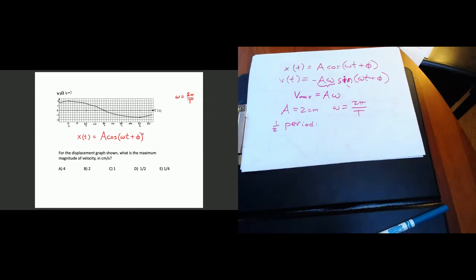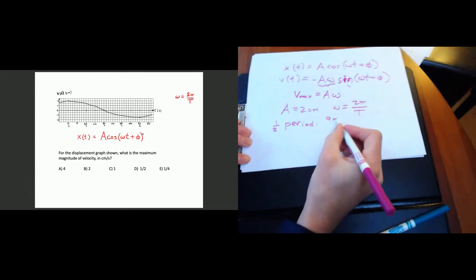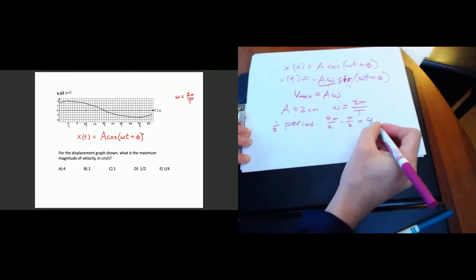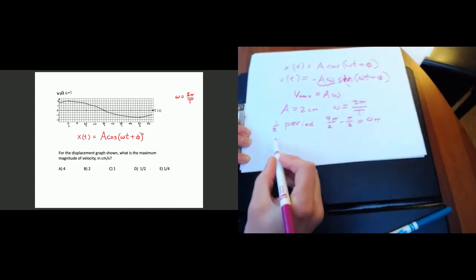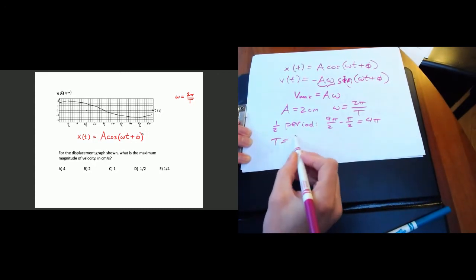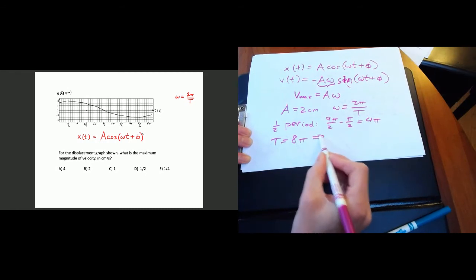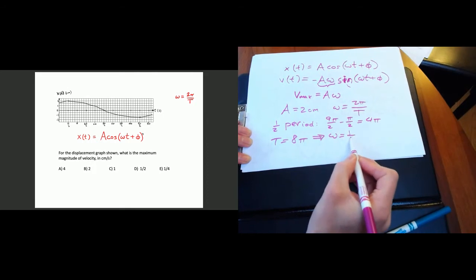And so that is 9 pi over 2 minus pi over 2, which is equal to 4 pi. And so we learn that T is equal to 8 pi for this oscillation. And then that implies that omega equals 1/4.